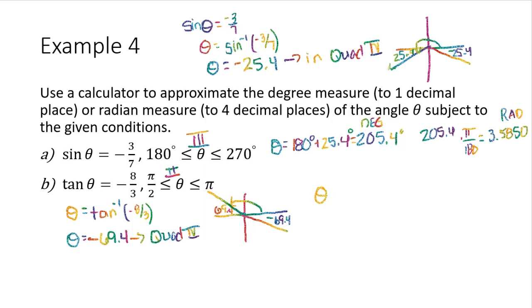So we're not going to quite make it to 180 degrees. We're actually going to be 69.4 degrees short. Our angle will be 180 minus 69.4, and that gives me 110.6 degrees.